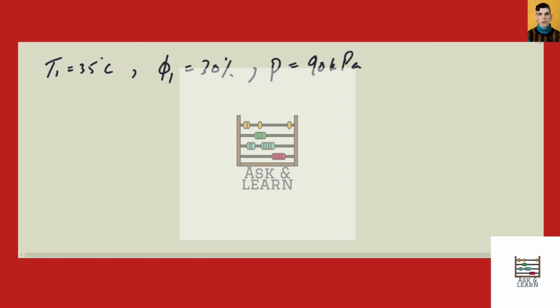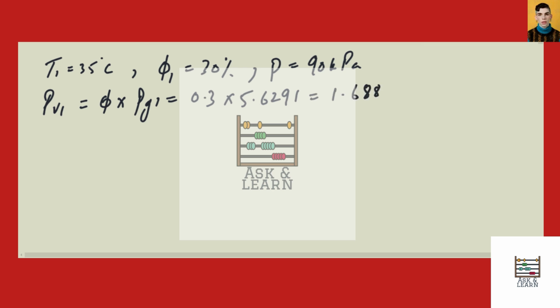To determine the vapor pressure, that is PV1, and from that the dry air pressure PA1, we have PV1 is equal to phi1 multiplied by Pg1, is equal to 0.3 multiplied by 5.6291, and the answer is 1.6887 kilopascal.